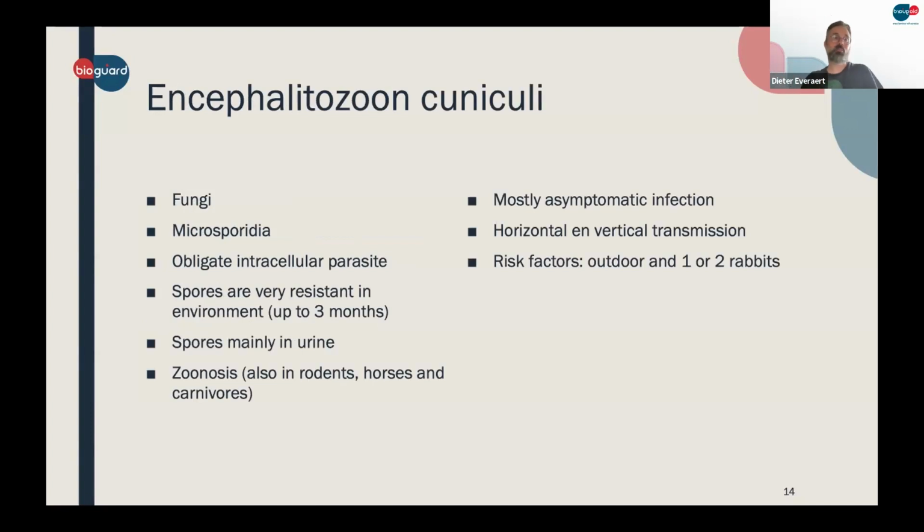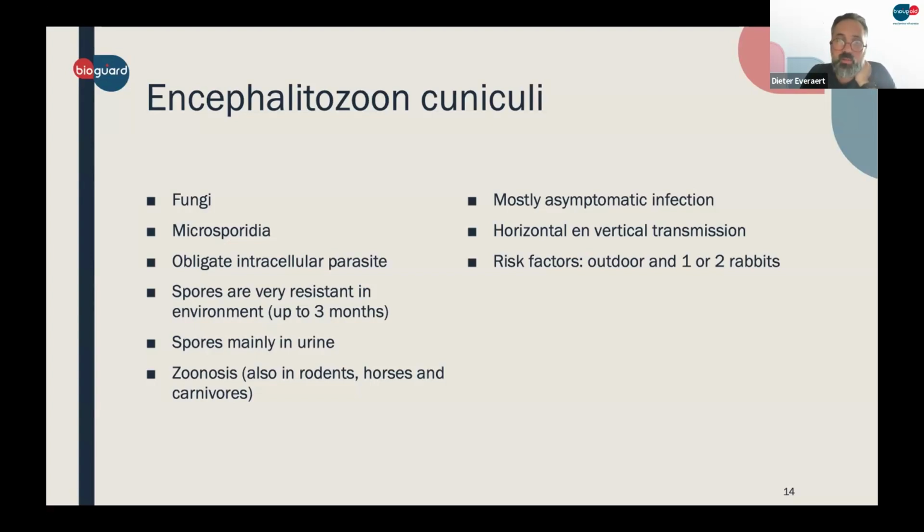So a really important one is Encephalitozoon cuniculi. As said, it's a fungus. To be more precise, it's a microsporidia. It's an obligate intracellular parasite, and the spores are mainly shed in the urine and a bit in the feces, and they're really resistant in the environment, meaning that for up to 3 months it can survive in grass.